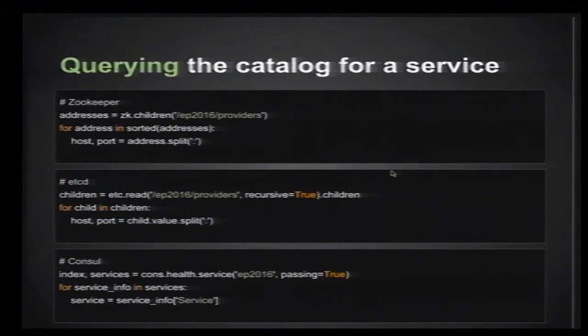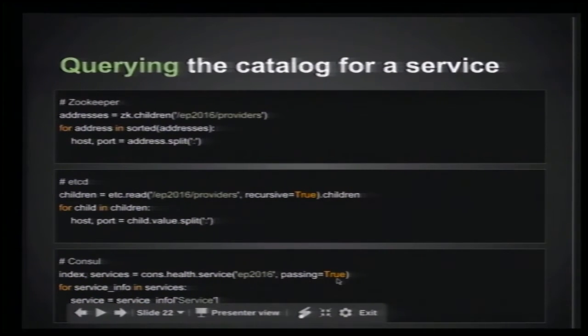On Consul, it's also very easy. You query the health service, because you want to get only the healthy servers providing your service. So that's the passing equals true here. I just want it to return the servers and ports for which the health check is passing.